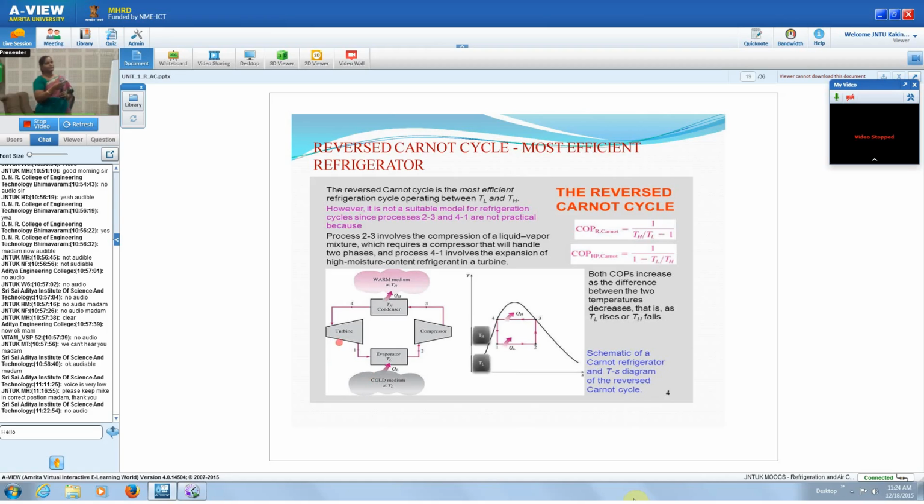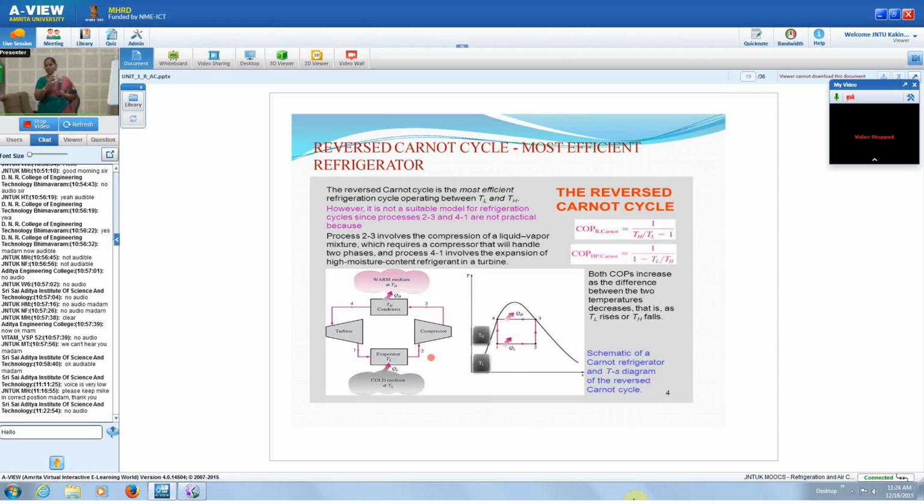In the compressor, the refrigerant coming from the evaporator is compressed, so the temperature and pressure of the refrigerant are increased. Then the high pressure, high temperature refrigerant goes into the condenser, where isothermal condensation takes place.